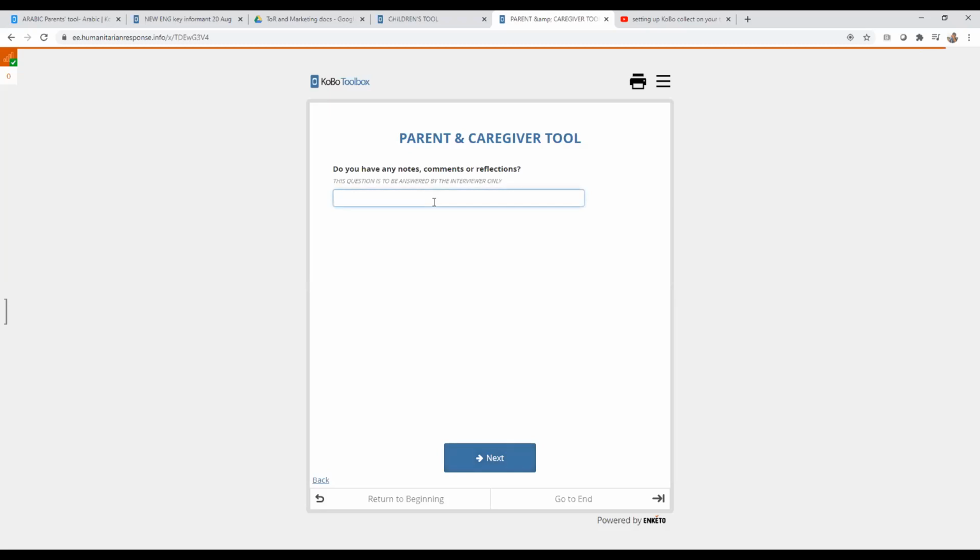So you can just write down here, there is a lot of stress because of living in a camp. This question is really a reflection from the interviewer, because sometimes they have some information that people sitting in the main office, or obviously me in Amsterdam, will never be able to know, but the enumerator might have that information.